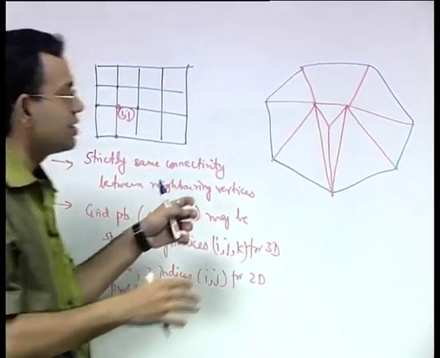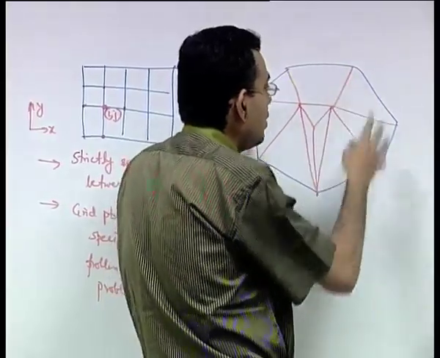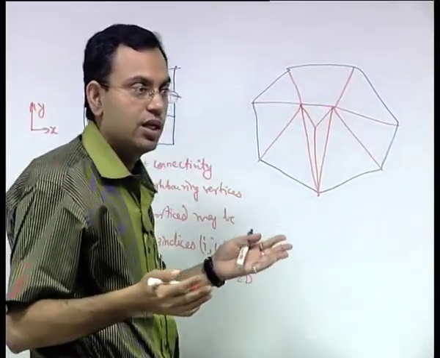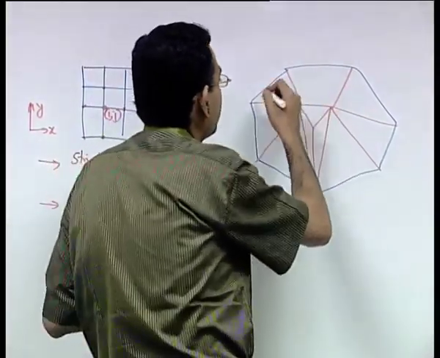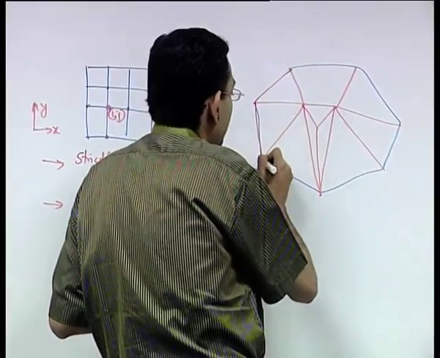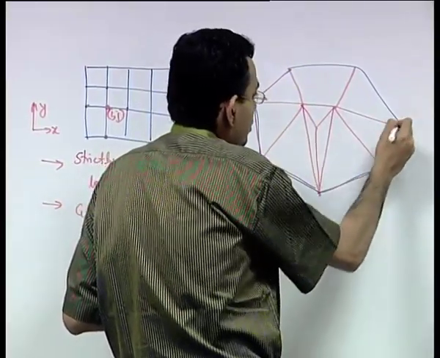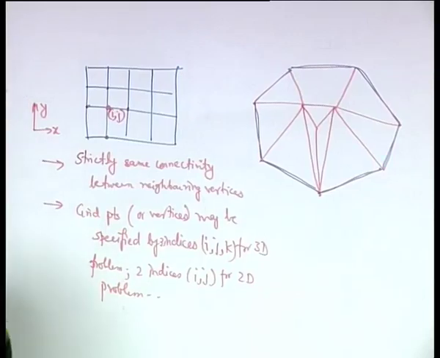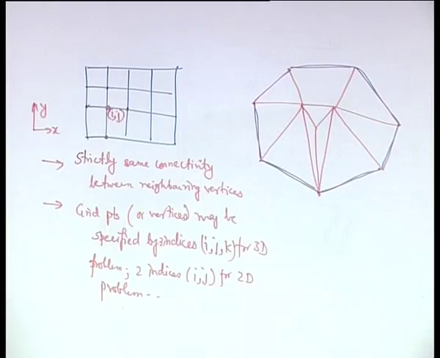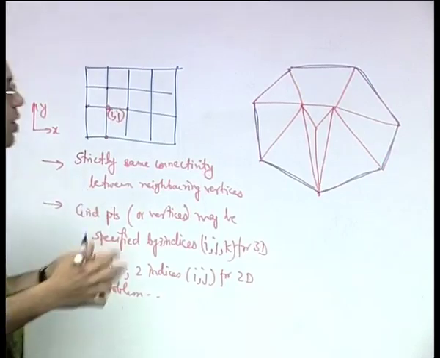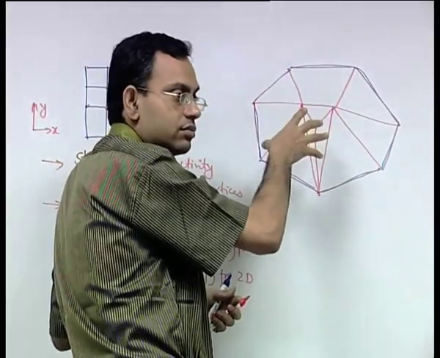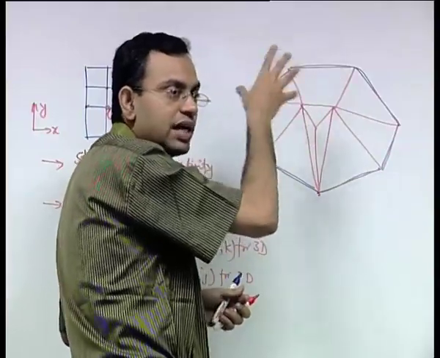It is a perfectly valid one; nobody has told us that the subdomain has to be rectangular. So, you can use different shaped subdomains. We will see later on what shaped subdomains are important for what. But one of the important things to remember is that it can be of any shape.